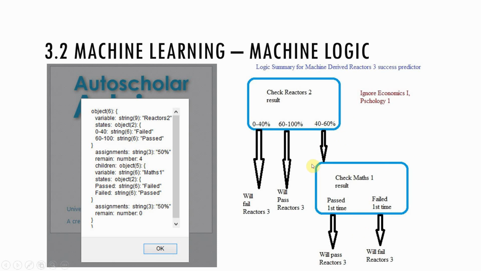What's even more important is it's giving us a kind of precedence of concepts. It's helping us understand which courses most influence that Reactors 3 course. In other words, we could use this to understand which courses really should be prerequisites or not.